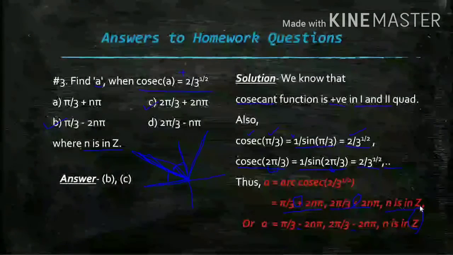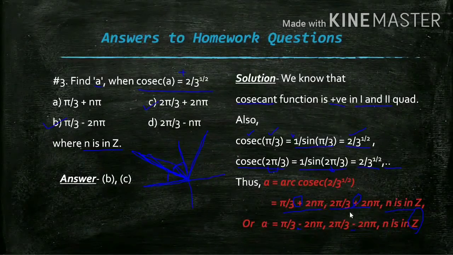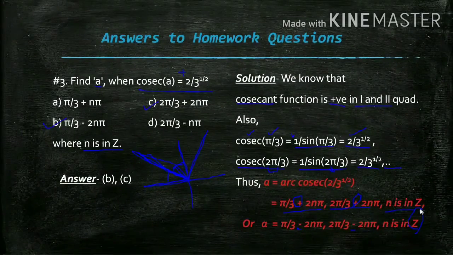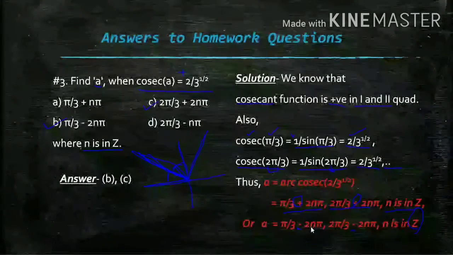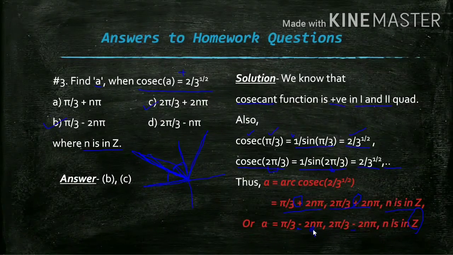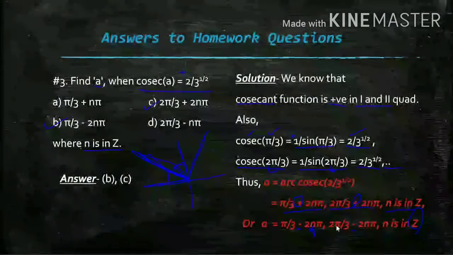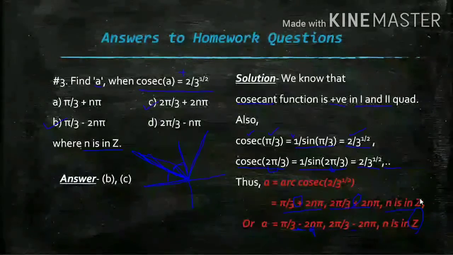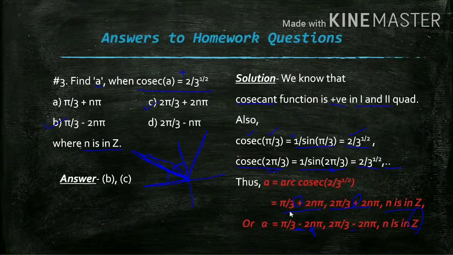Now, here we need to find all these values. We need to find that general form which contains all these values. Now, n is an integer. If I put n positive, then I'll get the positive values over here. Similarly, if I put n negative over here, then I'll get the negative values, and vice versa.